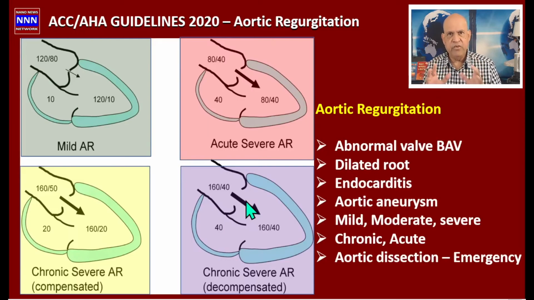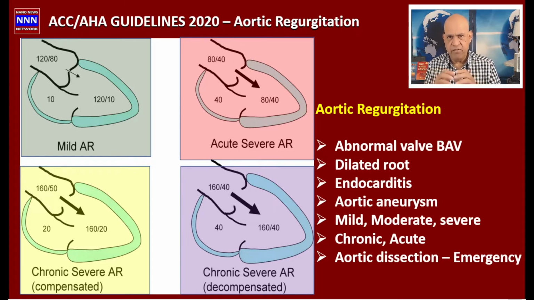As I told you, aortic regurgitation comes in many different forms. It could be a mild aortic regurgitation, which may be found in patients with dilated aortic root, or even a mild regurgitation murmur may be heard in severely hypertensive patients, and aortic regurgitation is frequently seen in patients with critical aortic stenosis.